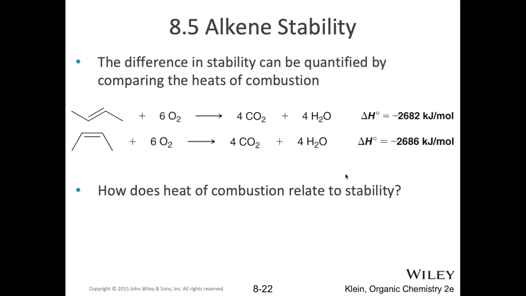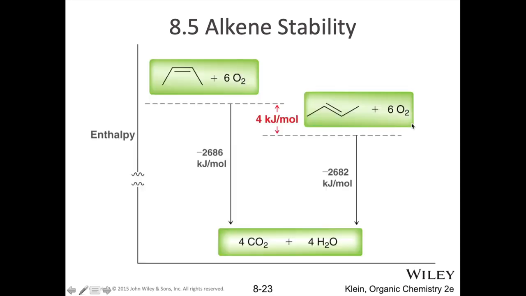You can see here that trans-2-butene has a lower heat of combustion compared to the cis isomer because it had a lower starting point when it dropped down to carbon dioxide and water vapor. You can see it visually here. Since we're at a lower potential energy for that trans isomer because it's more stable, we get less energy when it becomes carbon dioxide and water vapor.